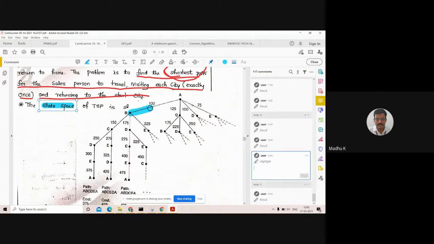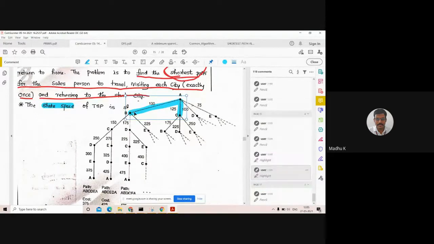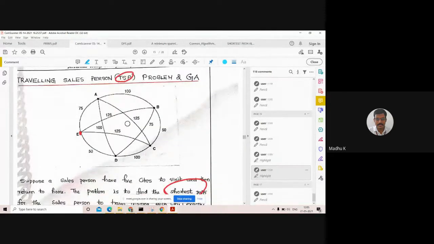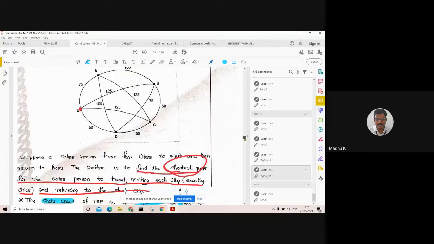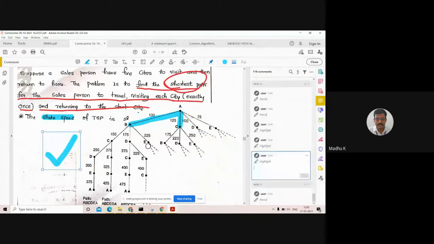Suppose A is one city, B, and there are a lot of cities like this: A, B, C, D, E. Then the state space of this graph will be very huge.